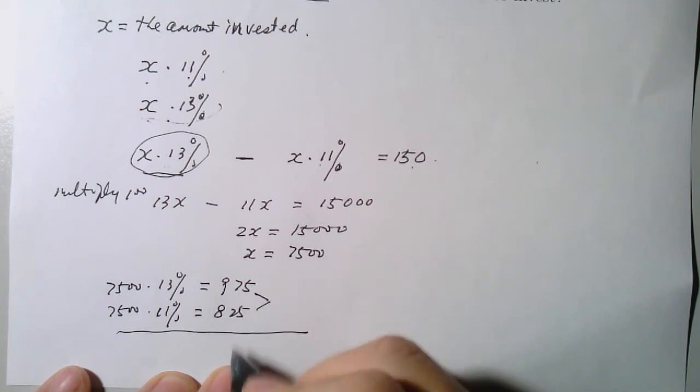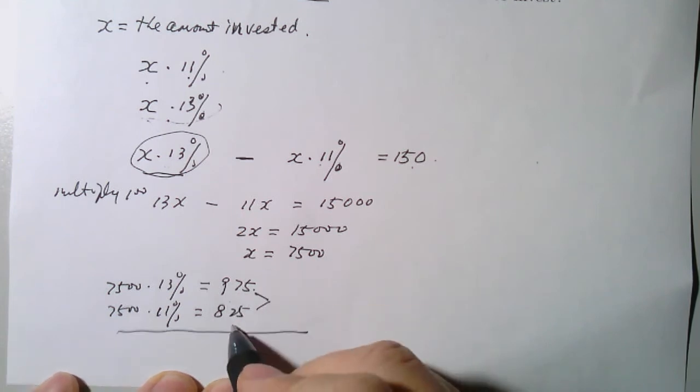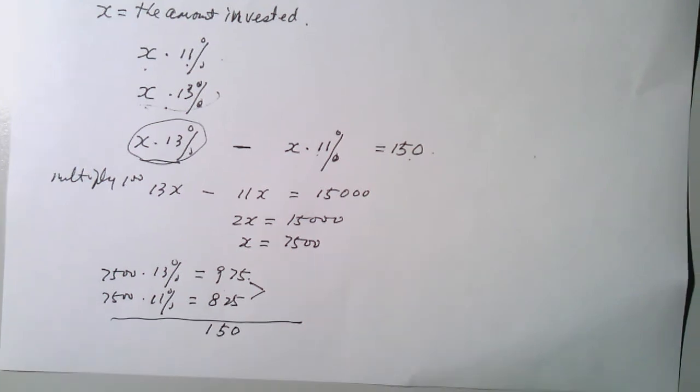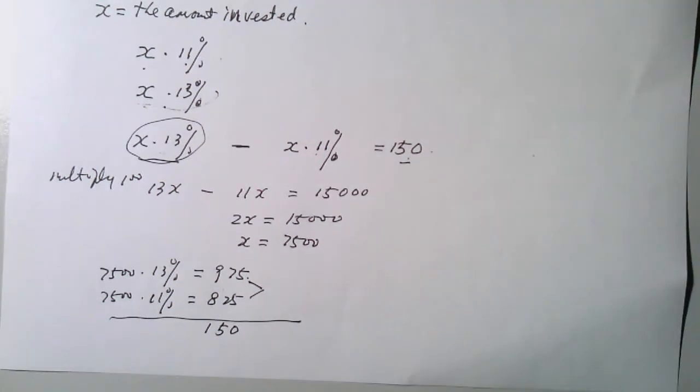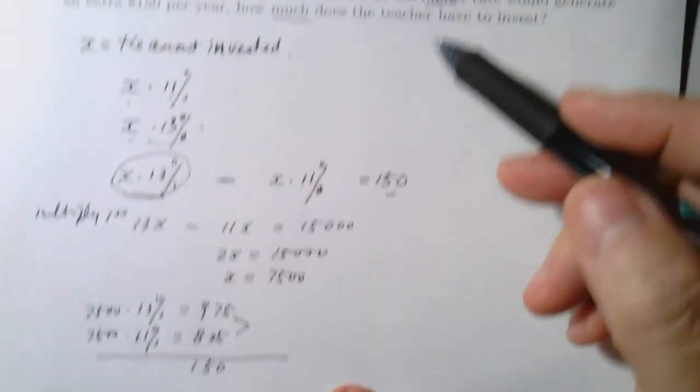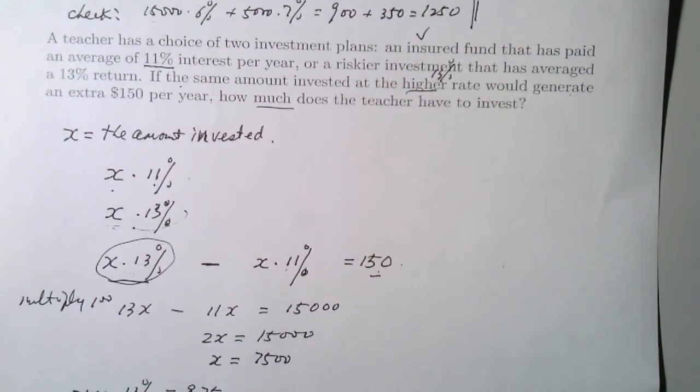The difference, 975 minus 825, is $150, which is what the problem says. So we checked, and it satisfies the equation and also the condition of the story.